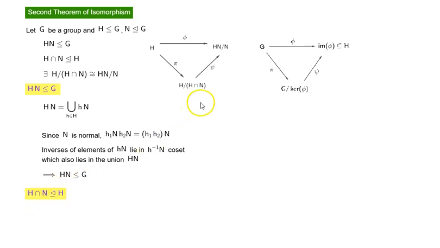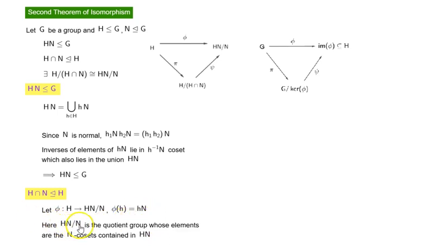Now we have to show H intersection N is a normal subgroup of H. So here, let phi be the homomorphism from H to HN by N, where phi of h is equal to hN. Now here, HN by N is the quotient group whose elements are the N cosets contained in HN.